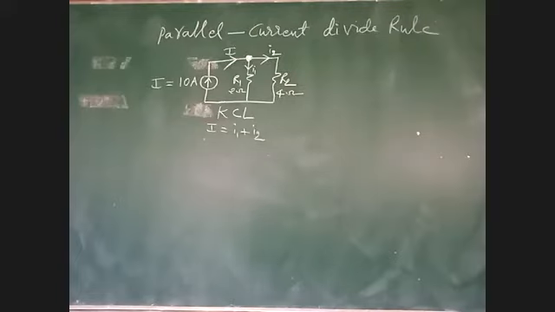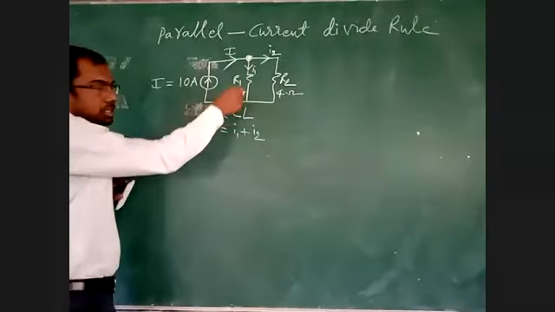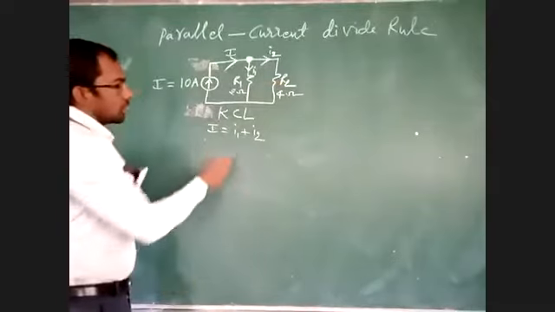Now I will determine the currents I1 and I2. I1 is the current flowing in R1. I2 is the current flowing in R2.